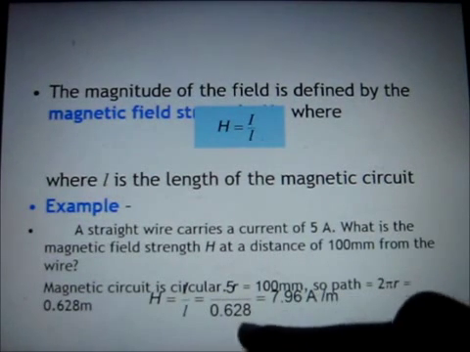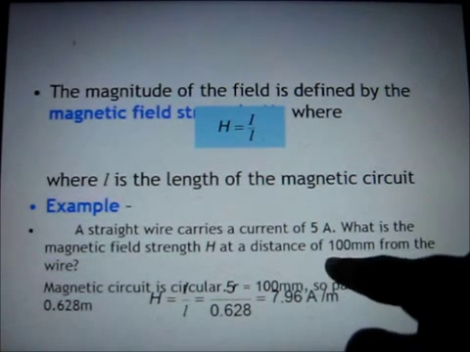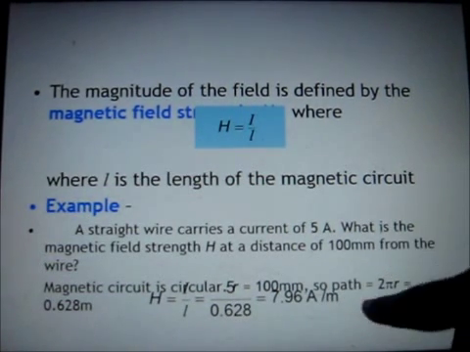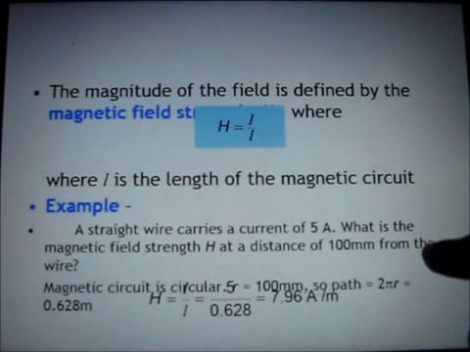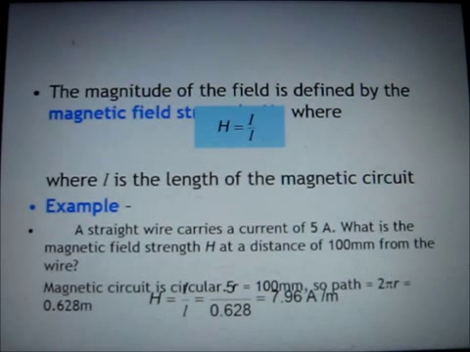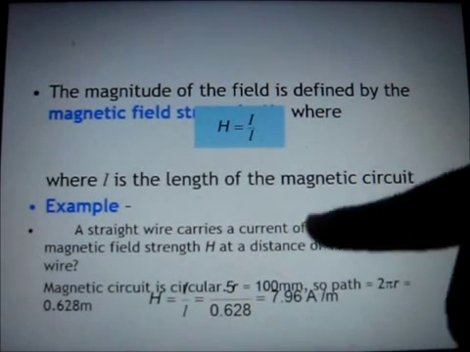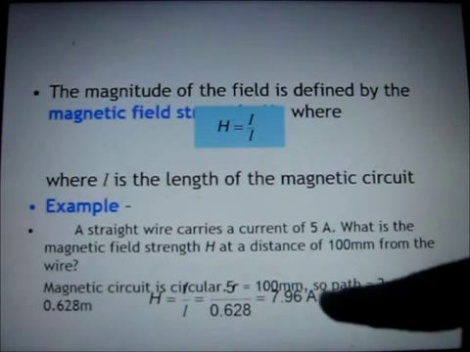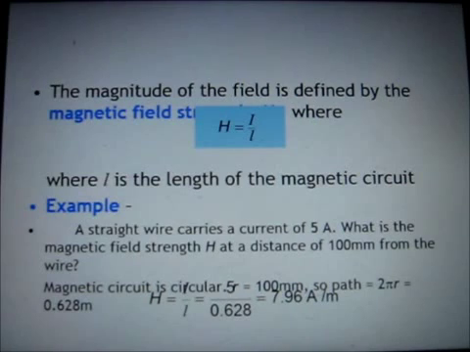Now we have to calculate the magnetic circuit, which is circular. For that, the radius is given as 100 millimeter, so the path length is the circumference, 2 pi r. It becomes 0.628 meter, and hence H, the magnetic field strength, equals I by L, which comes to 7.96 ampere per meter.